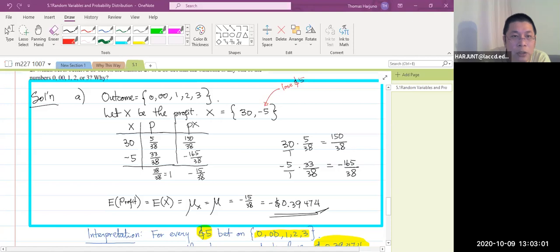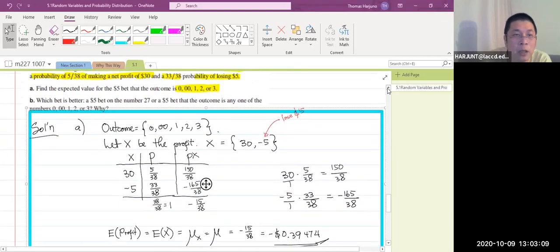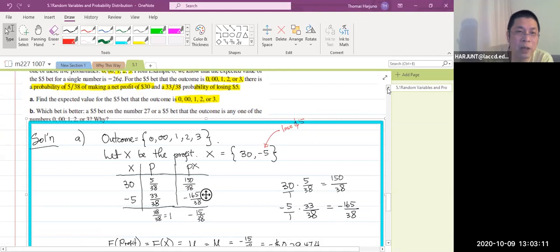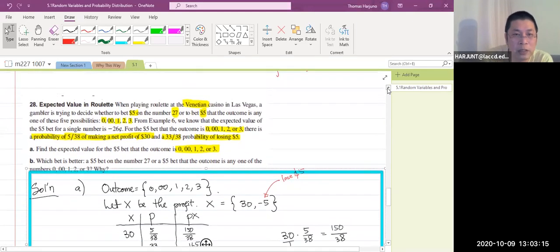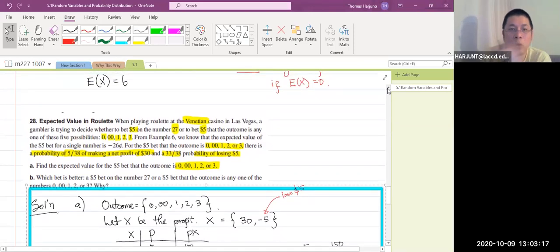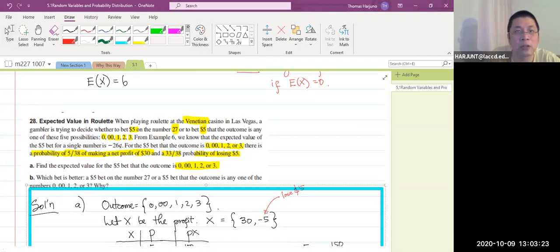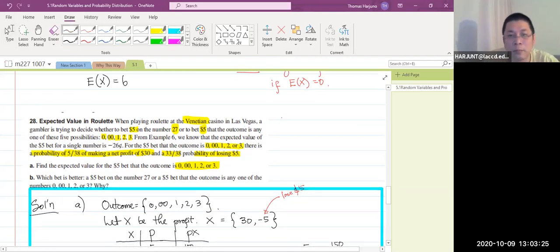Actually, I need to answer part B first. I didn't answer part B yet. That's only part A. Now part B, which bet is better? A $5 bet on number 27 or a $5 bet on these 5 numbers? Let me just answer it next to it. Look at the expected value.